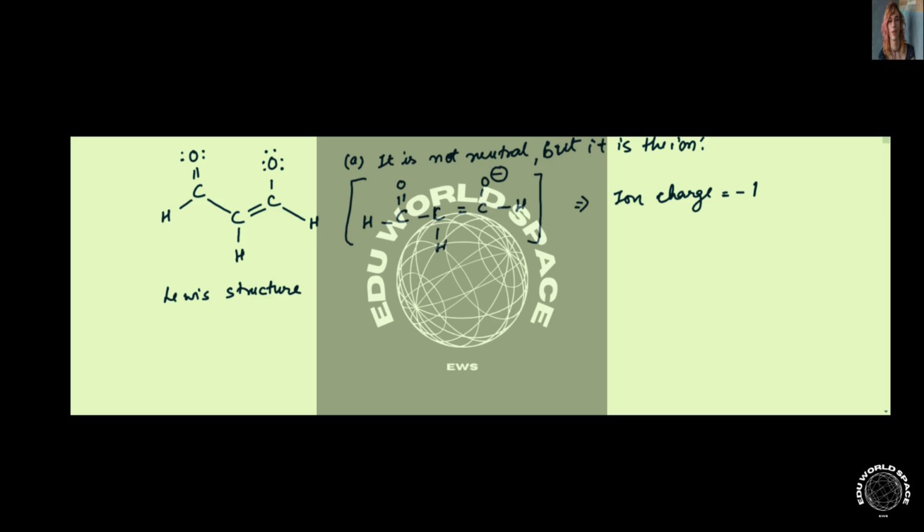So formal charge is given by what? Formal charge on oxygen is the number of valence electrons minus lone pair electrons minus bonding electrons divided by 2.